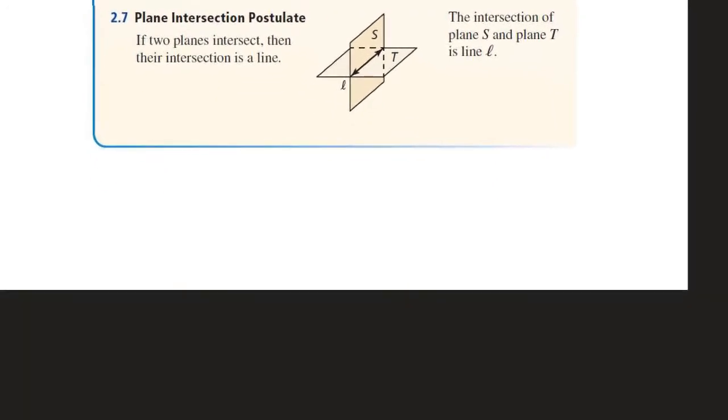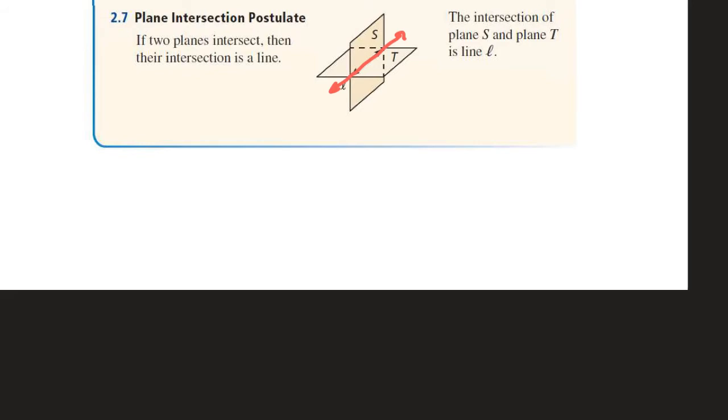And then finally, the plane intersection postulate says that if 2 planes intersect, they intersect at a line. So this is just reiterating that when 2 planes intersect, they intersect at a line. These are all properties that we've dealt with before. They're just putting a formal name on them.